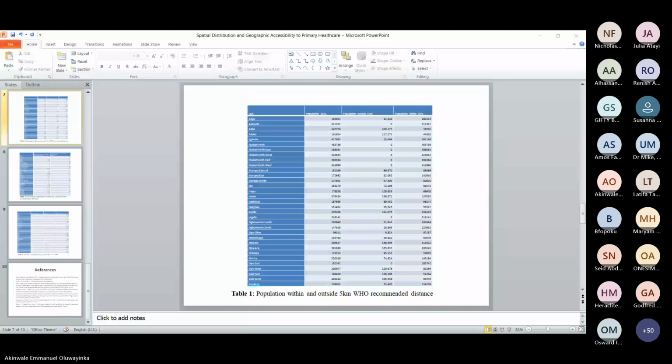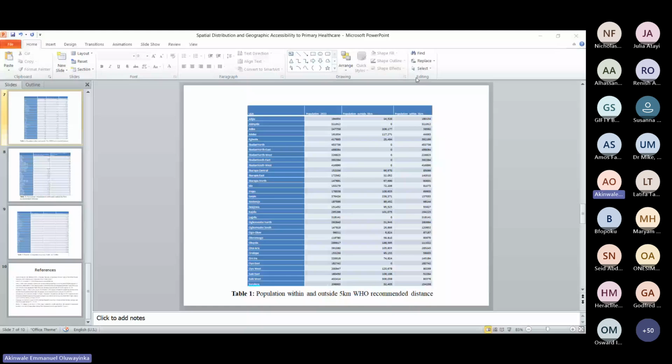And this was the calculated distance determined for each local government. This is the minimum distance that each population can travel to access primary healthcare, this is the maximum distance, and this is the mean distance.